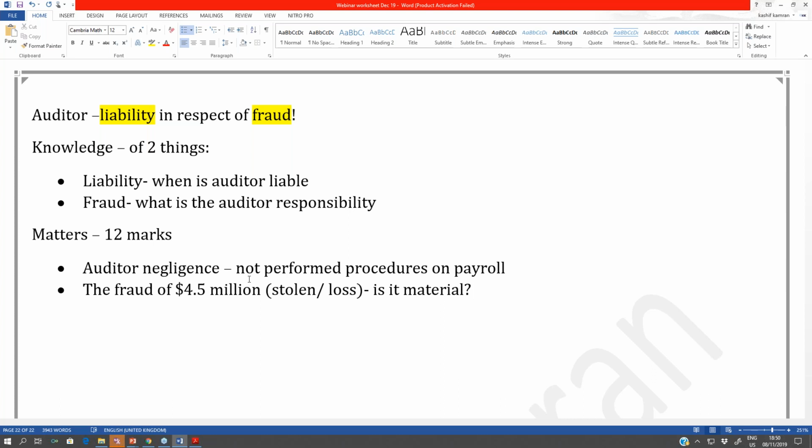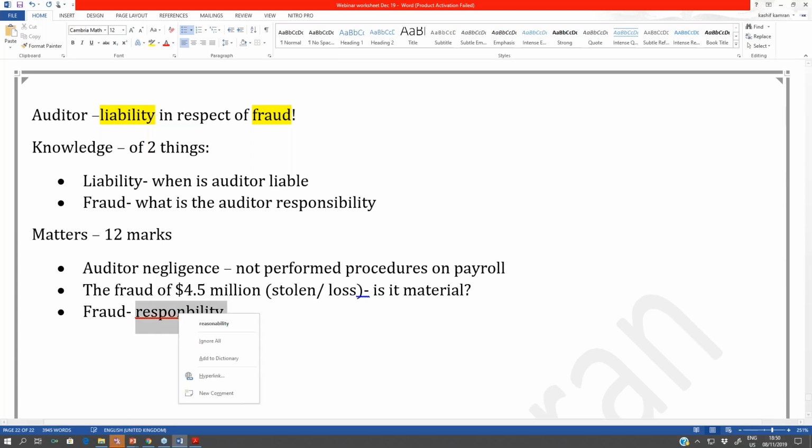Now the third mark is on the fraud and the responsibility.